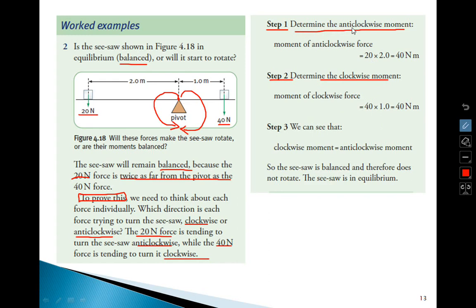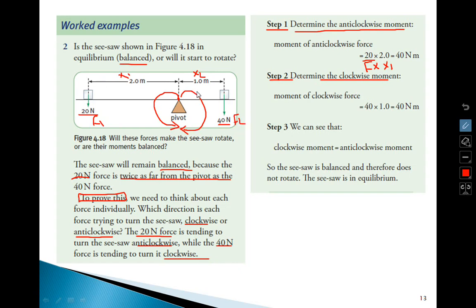So step 1, we need to find them individually and then compare the results. First, we determine the anti-clockwise moment. The anti-clockwise moment is equal to force times distance. Let us say this distance is x1, this one is x2, this force is F1, and this one is F2.